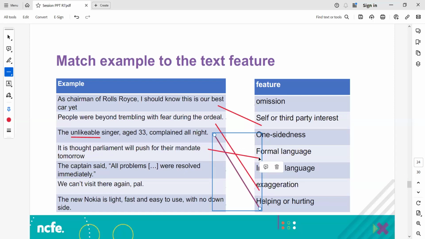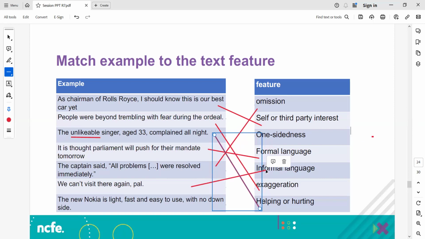The captain said all problems were resolved immediately, but we've got this ellipsis here. So what does that show us? Omission. Yeah. And we can't visit there again, pal. Informal. Yes, good. Informal.